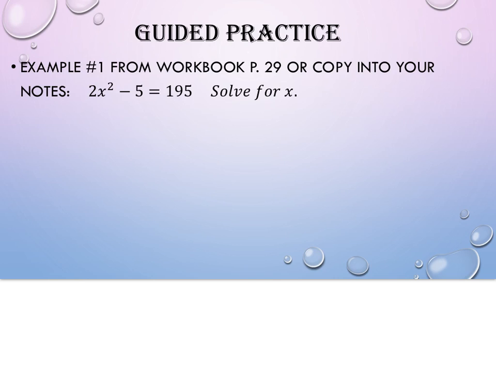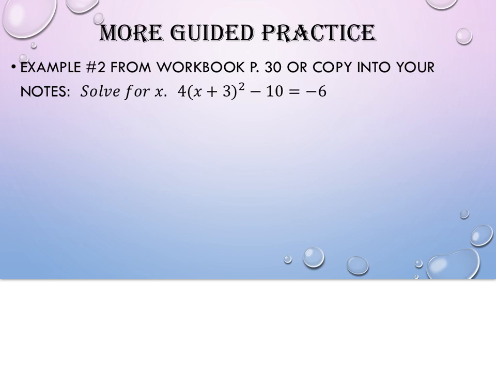Our next example is the same one, so all right, this is a better one. Now this one's going to take some time because there are so many pieces, but we know that if we add 10 to both sides, that will help.